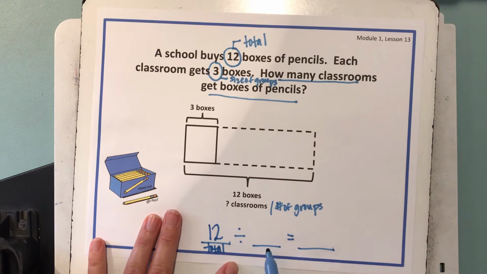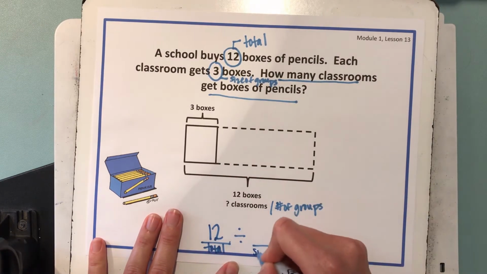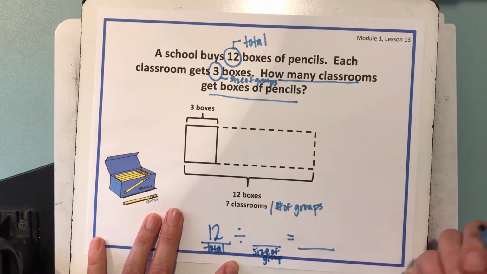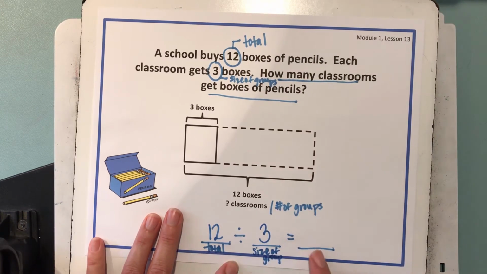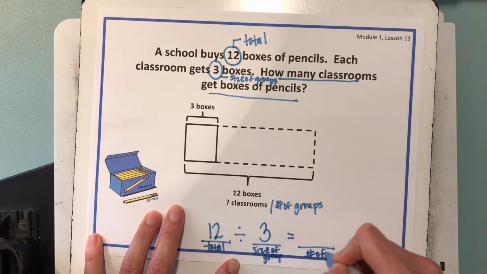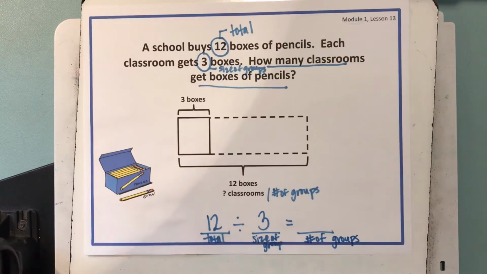And then the second thing I know is the size of the groups. I know that they each get 3 boxes of pencils. So I'm going to put 3 here. So now I need to figure out my quotient, right? I need to know the number of groups. That's what I'm trying to figure out here. And when you're doing these problems, that's what you need to think about. What am I trying to figure out? Am I trying to figure out the number of groups?